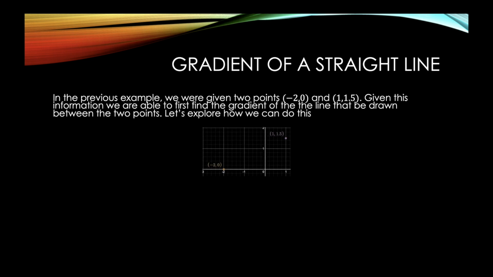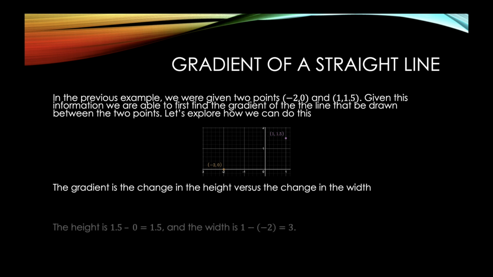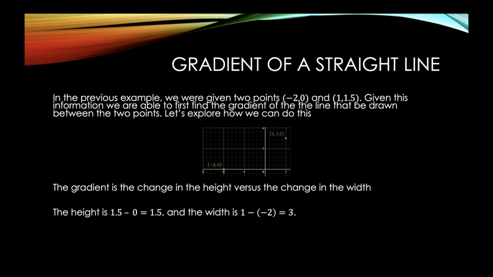You have plotted on a bit of graph paper just the 2 points to start with, and what we're going to call the gradient is the difference in the absolute height between the 2 points divided by the absolute width between the 2 points. That means the height is 1.5 minus 0, and the width is 1 minus -2, which is 3.